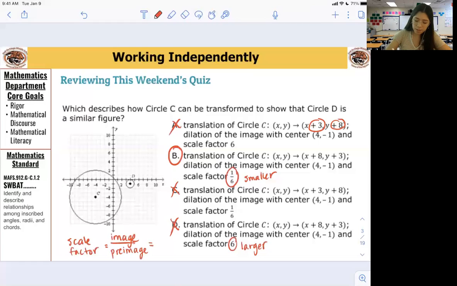It's not the diameter, well, you could use the diameter, but usually it's the radius. So the radius of the image is 1, right? This has a radius of 1, and then this bigger circle has a radius of 6. So it's 1 over 6. And that's just something to make sure you know how to do in case there are two options that are both correct, but both have different scale factors. If you want to just make sure you know how to do the scale factor, we use the radius. Questions?